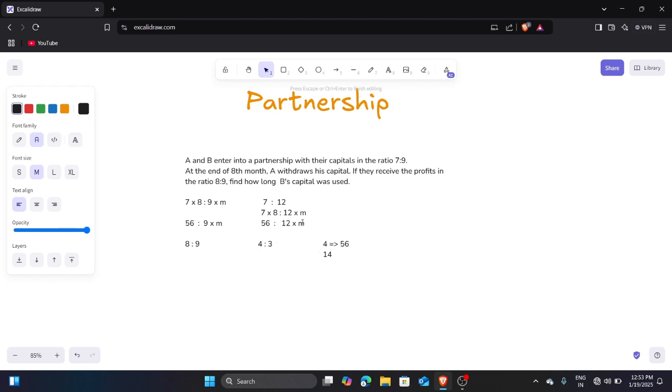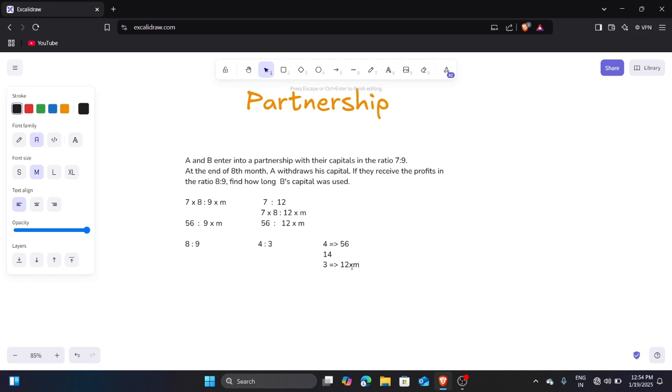Similarly we have to do here also. After simplifying this side, only 3 comes, so 3 is multiplied by something. But we know one thing: if you divide this side by a number like 14, then you have to divide the other side by that same number.